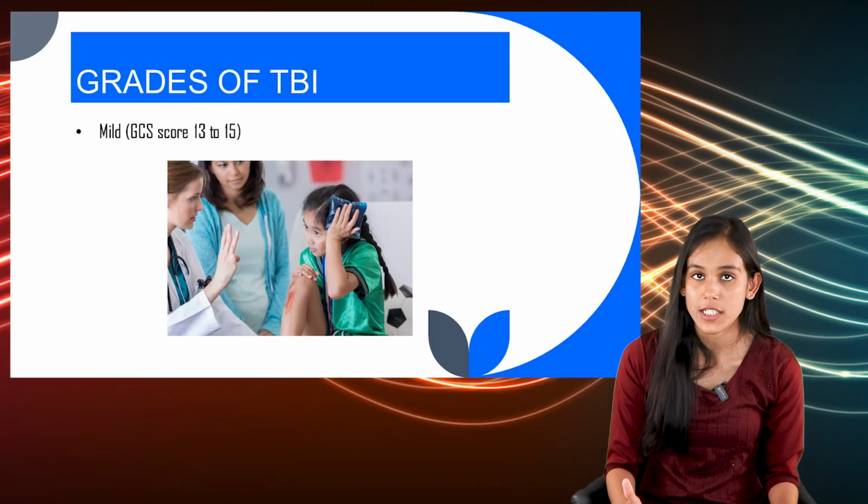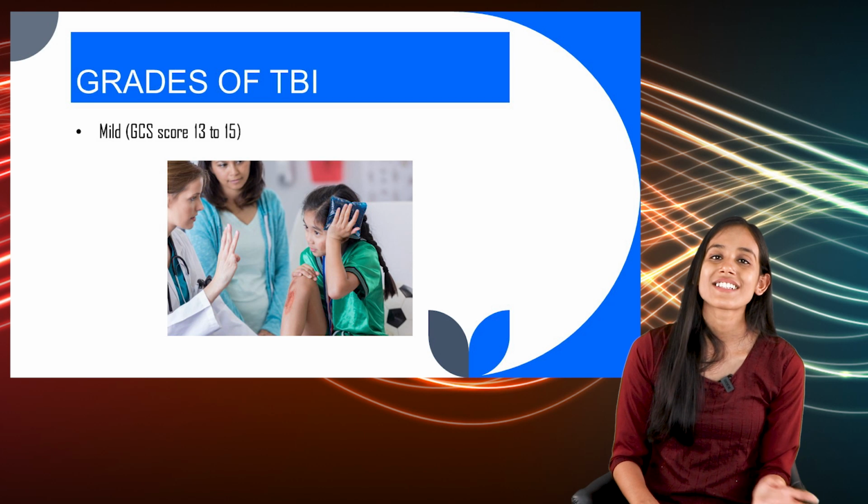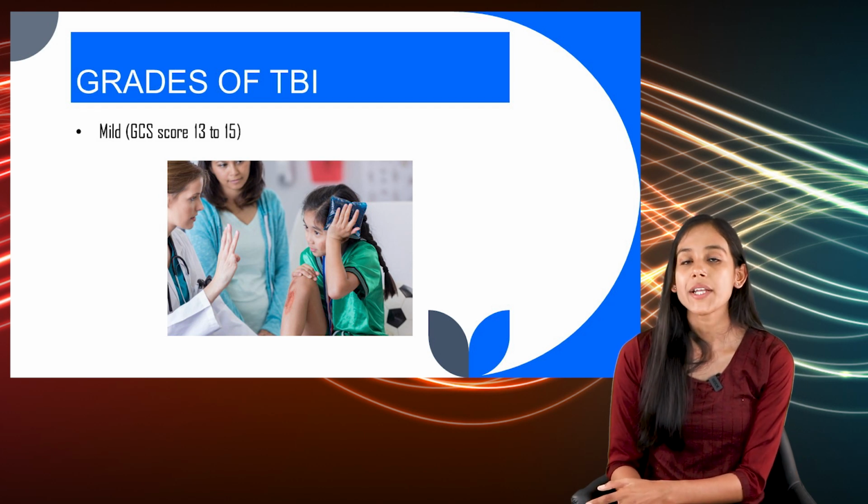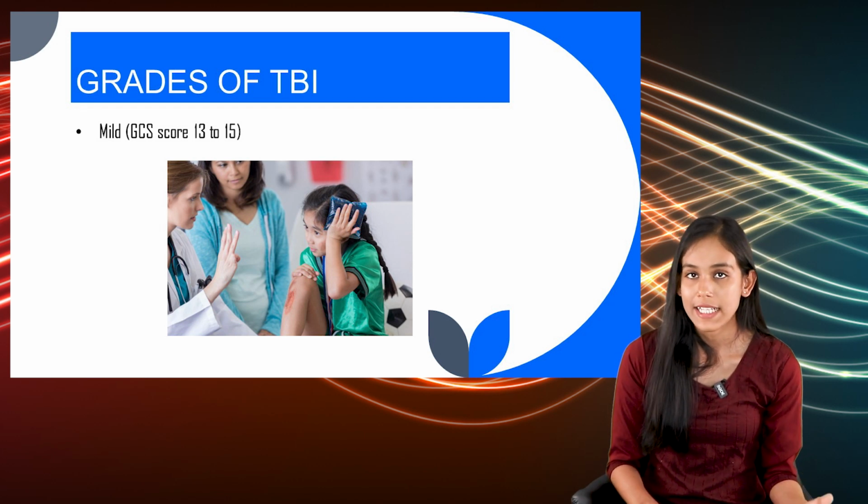You might be aware that we do neurological examination, and for that we use the Glasgow Coma Scale. This GCS score tells us the condition of the patient, and based on it we are able to tell how severe the head injury is. If the GCS score is 13 to 15, we call it mild head injury.